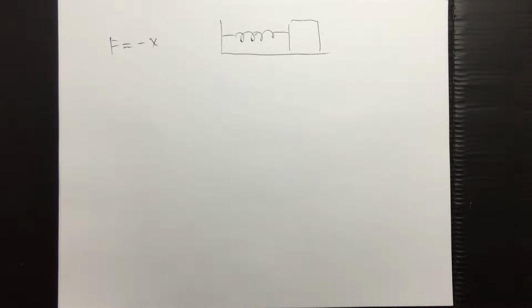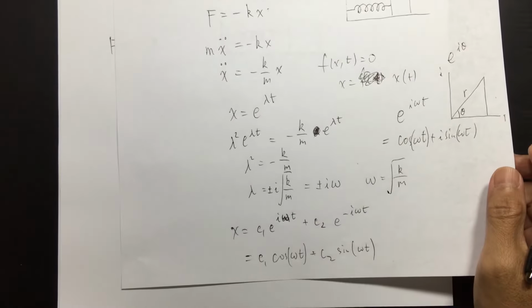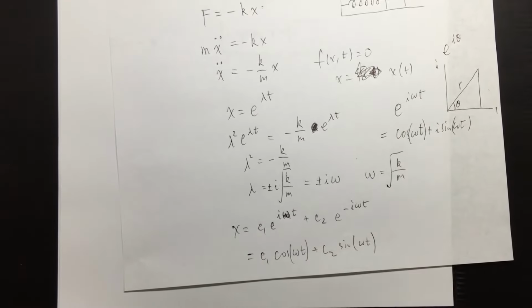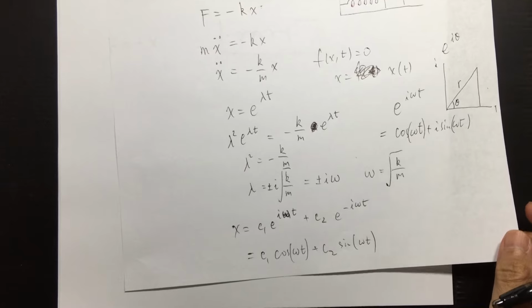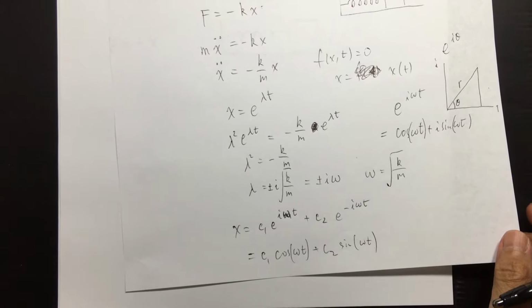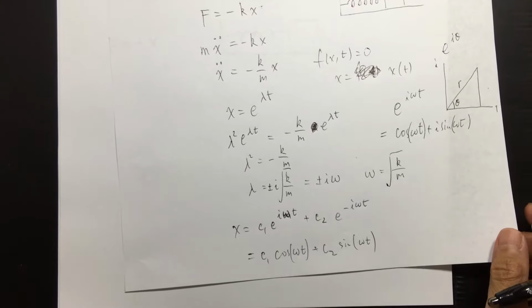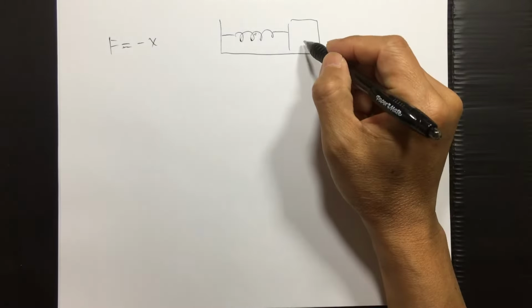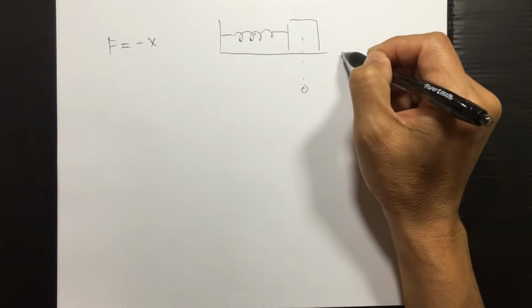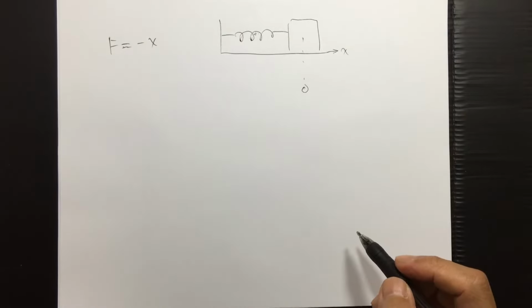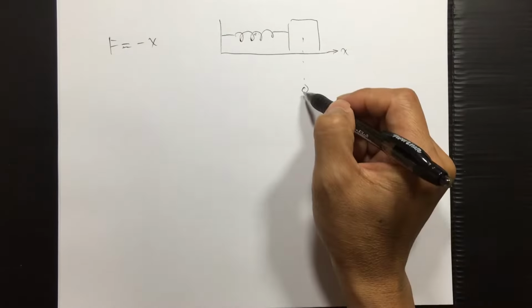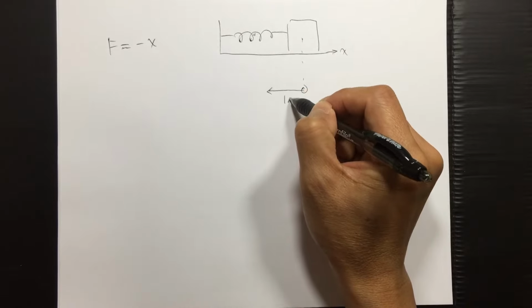So now, look at this. If k, m, everything equals 1, omega equals 1, right? And then you have some kind of a mixture of sine, cosine, whatever. We call this stable. We call this x. This is x. We call this stable position 0. Now you pull this over 1 meter.